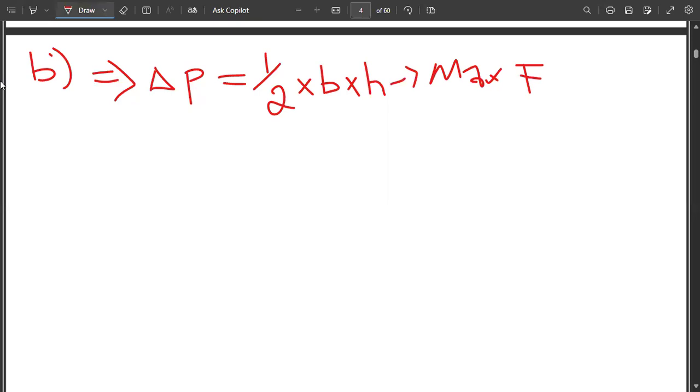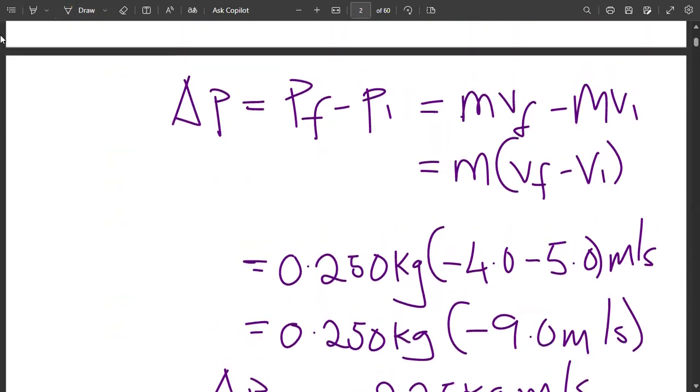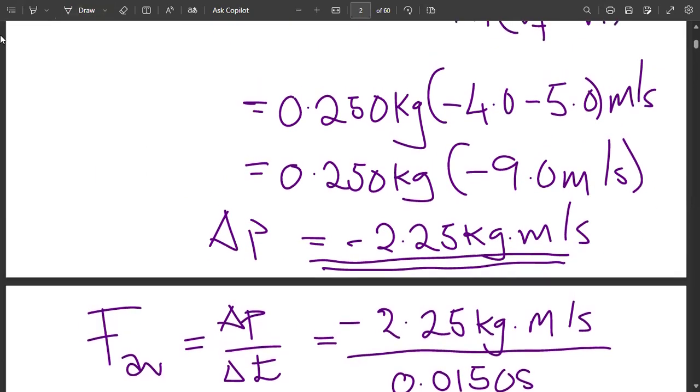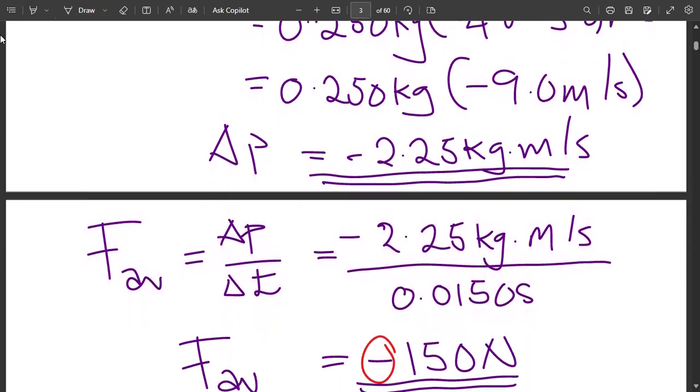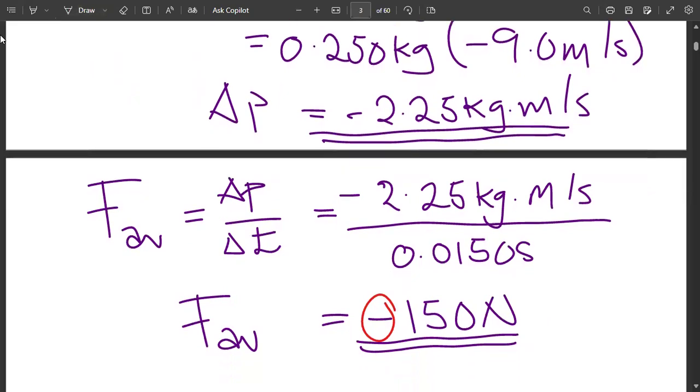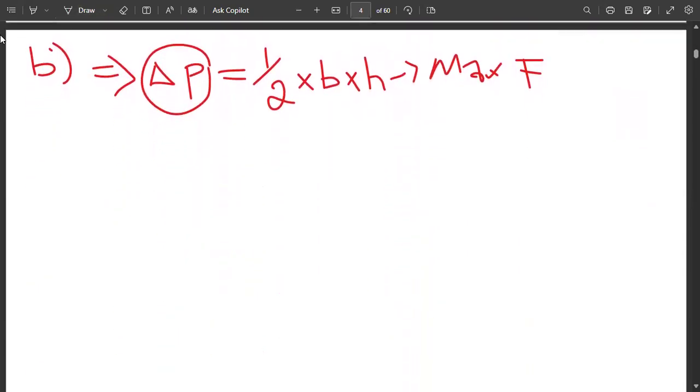Okay, so we have the breadth as the time. We found the change in momentum in part A. Let's just go back on top and check what we found. Okay, we found it. The change in momentum is 2.25. The negative sign is there to represent the direction, but I'll use the general change in momentum, which is 2.25.